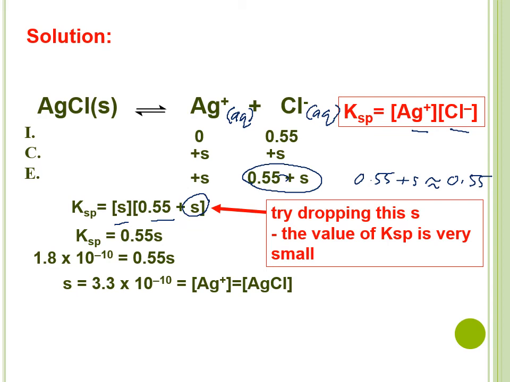So in the question, we are given S for AgCl in pure water is 1.3 times 10 to the power of negative 5 molar.